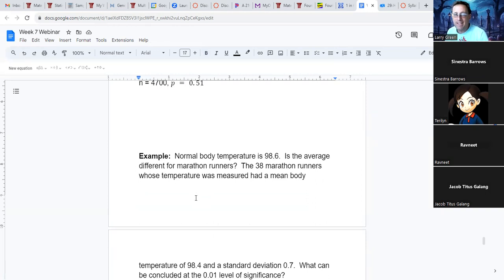Okay, normal body temperature is 98.6. You probably know that, right? In Fahrenheit, by the way. Is the average different for marathon runners? What do you think? So if someone's running a marathon and you test their temperature when they're just finished, do you think they're going to have a different body temperature?